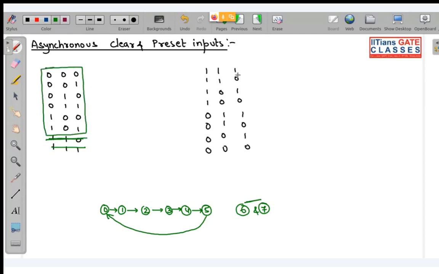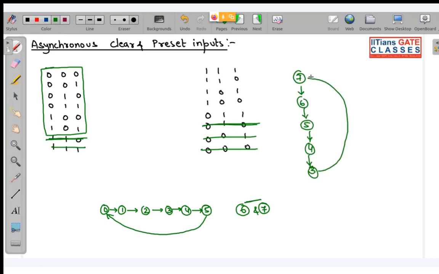Or suppose in my down counter I don't want these sequences, the count sequence should be from 7, 6, 5, 4, then to 3, and then again back to 7. How can I do it?